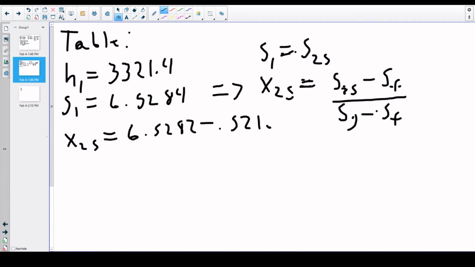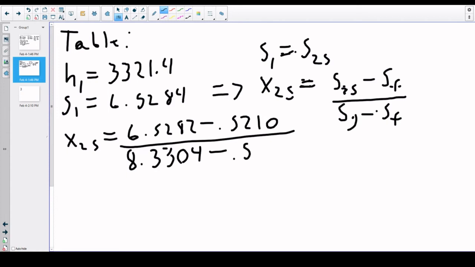And the SF and FG values are received from, I think it's, table A3 for saturated tables for water, which is the working fluid of this cycle. And it turns out X2S is equal to 76, almost 77%.